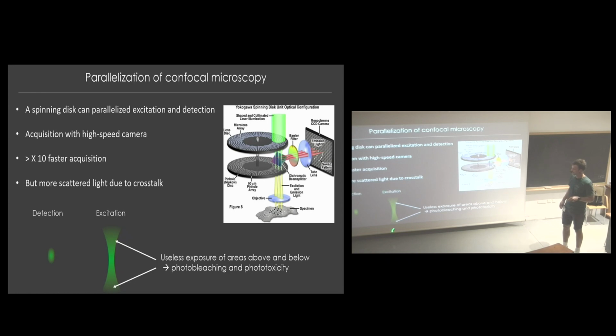We excite with a relatively large Gaussian beam, meaning that we produce fluorescence from different depths, but with the pinhole, we detect light only from regions near the focal plane. And so this is useless. Basically, you are producing fluorescence light over and over in your sample, and this will produce photobleaching and phototoxicity.